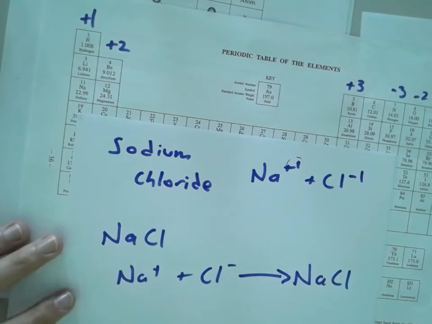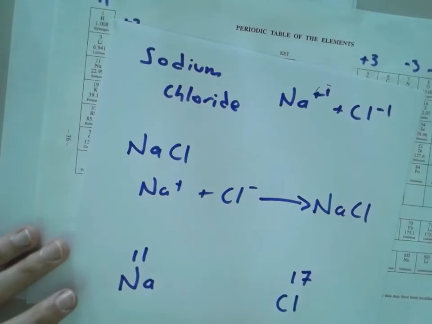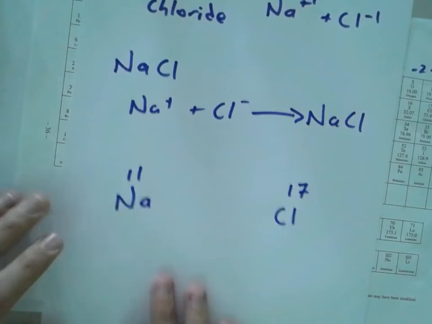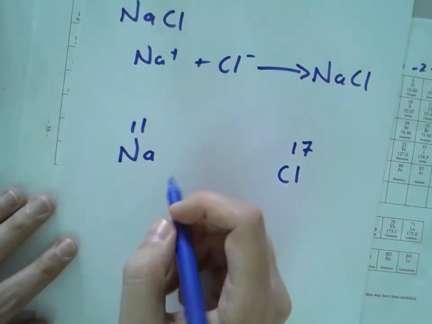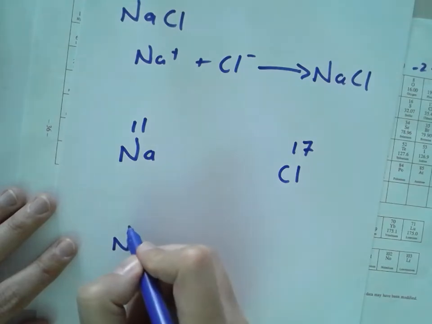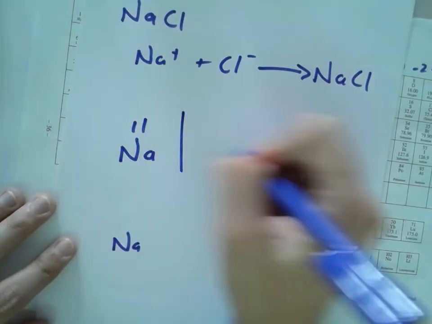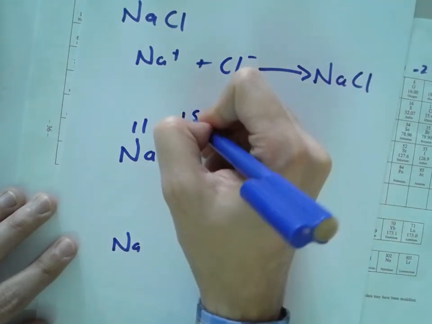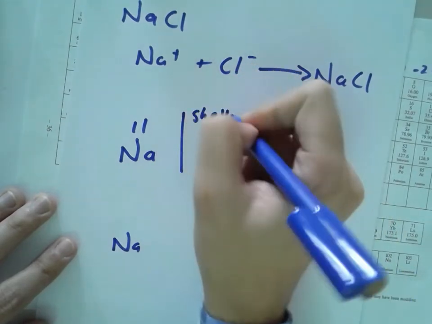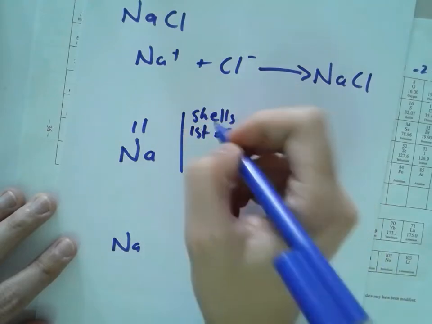Now we need to know why there is a +1 there and a 1 minus there. So let's quickly draw the two elements using the electron shells. We have Na. I need to start off by drawing the shells. The first shell has a maximum of 2 electrons.